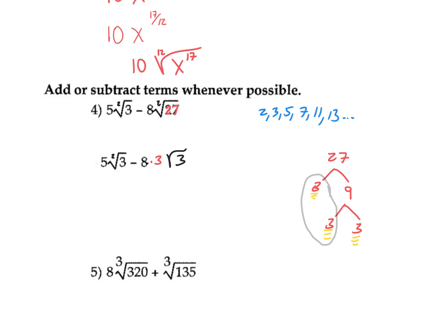A 3. And then maybe we'll keep the 2 here. What is this? That's minus 24 root 3. Notice how the root 3's are the same, and due to the previously mentioned principle, that is going to turn into negative 19 root 3.